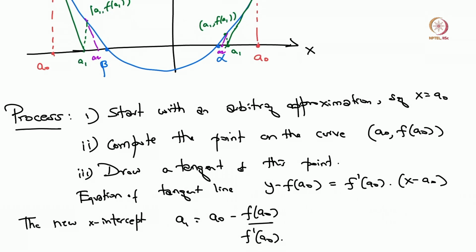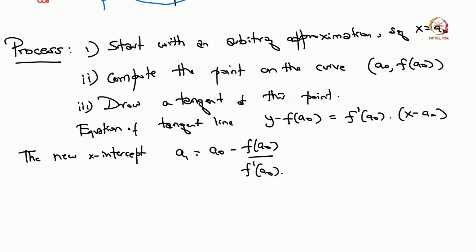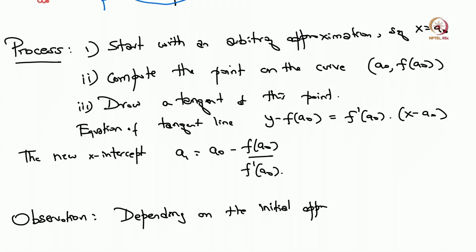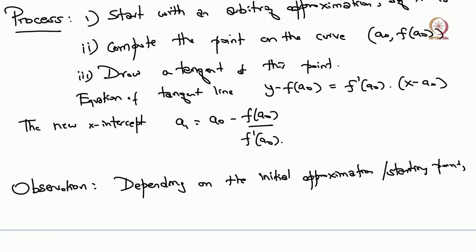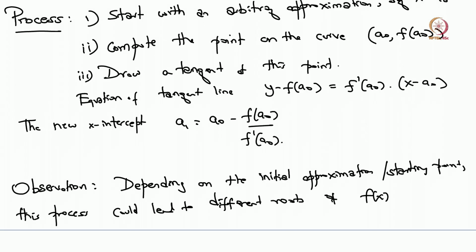One observation is that depending on the initial approximation or starting point, this process could lead to different roots of f of x equals 0.